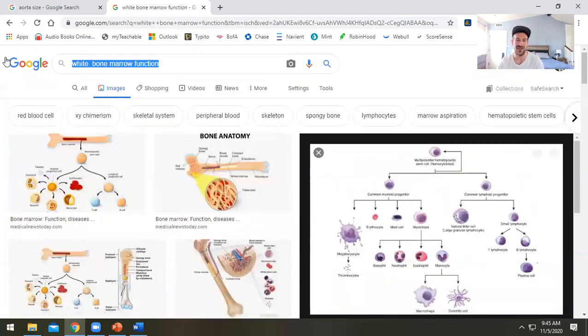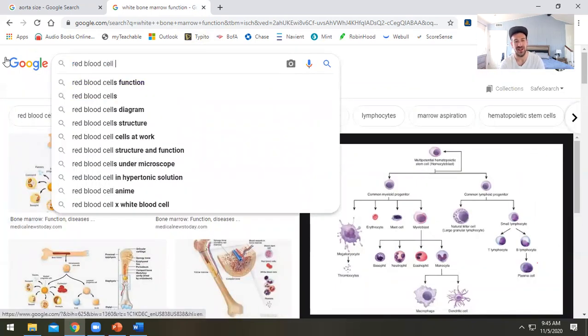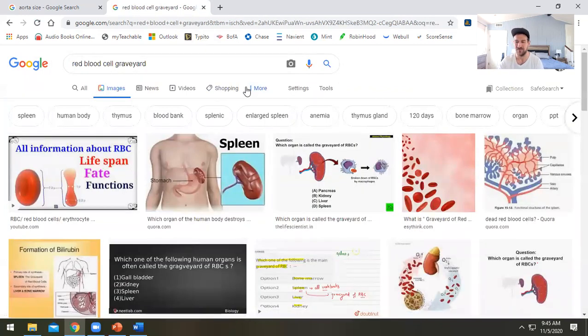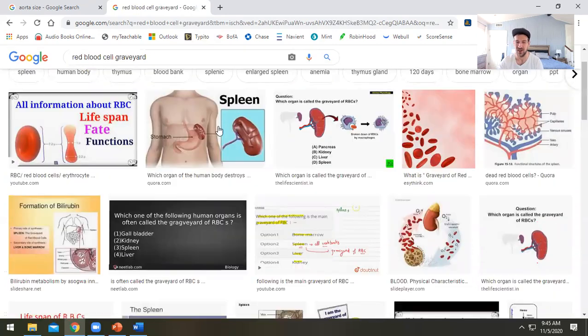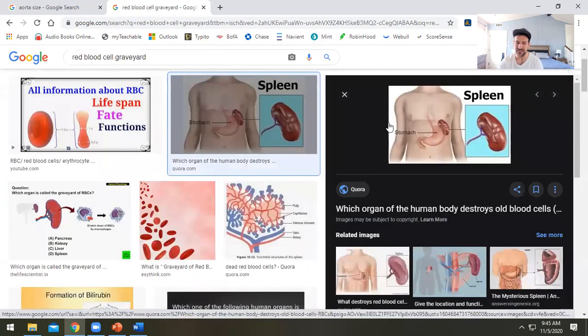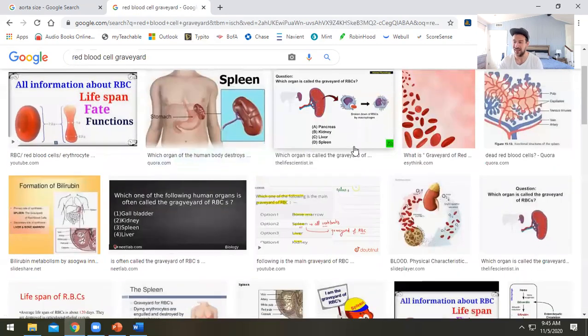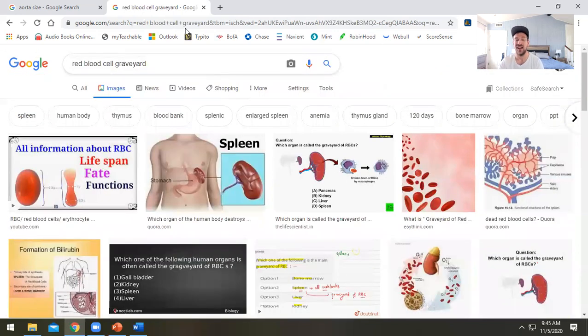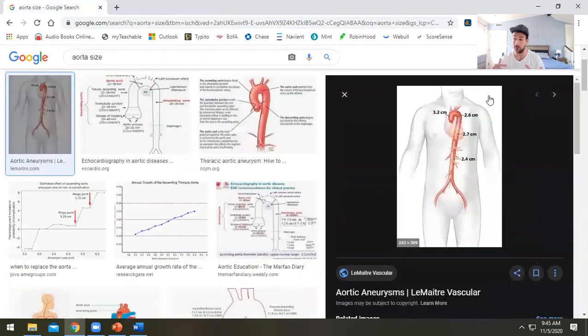It's called the red blood cell graveyard. That is its actual scientific term. And so it travels through the spleen into your liver, and then gets destroyed there. But before a blood cell actually enters the bloodstream, it spits all that out while it's still in your bones.